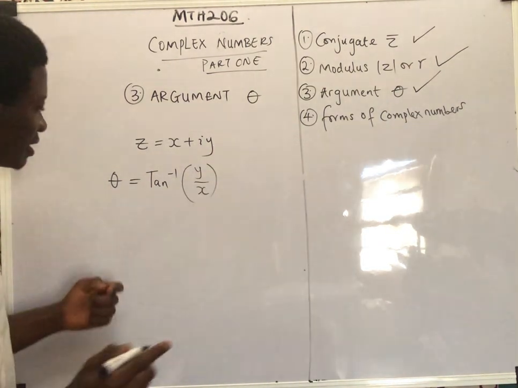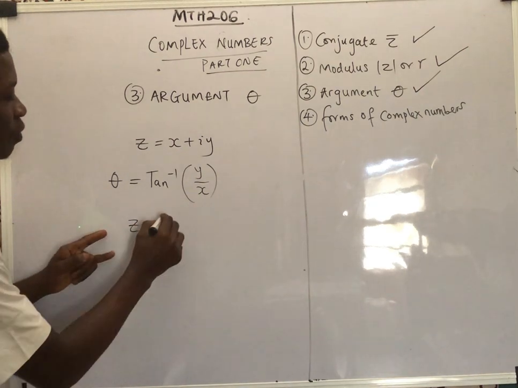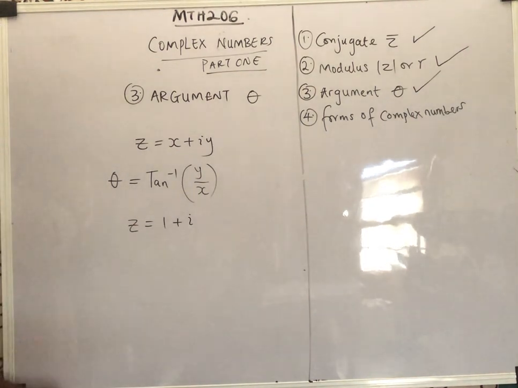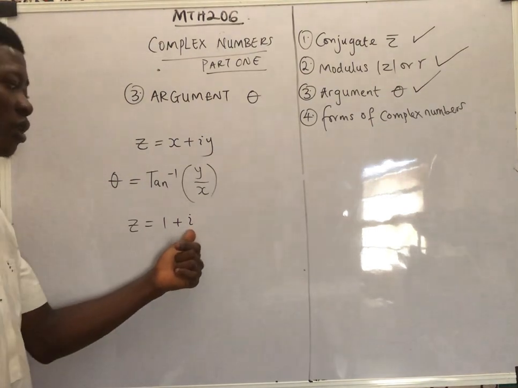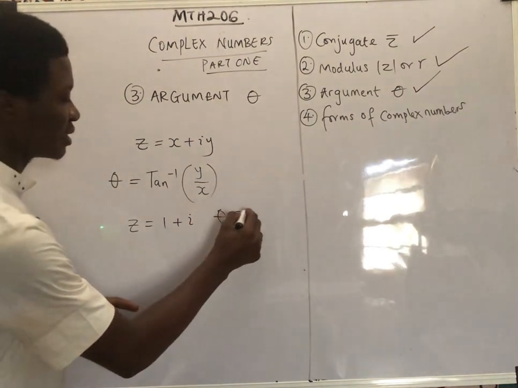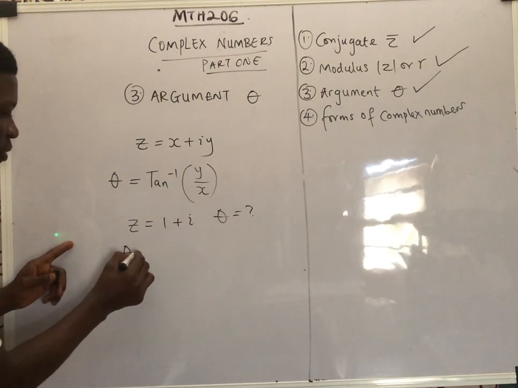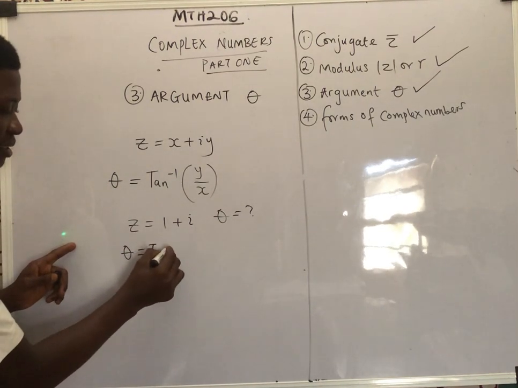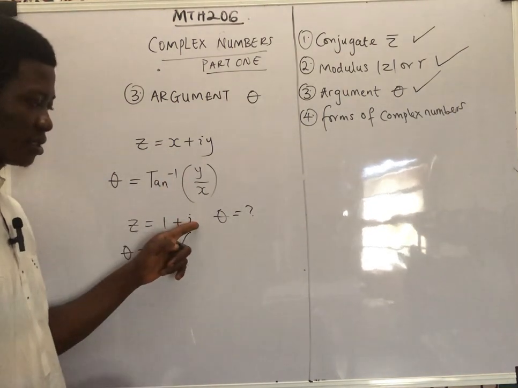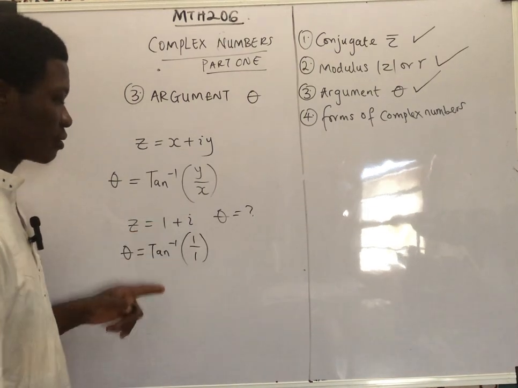So let's take an example. Let's say we have a complex number of 1 plus i, right? This is actually 1i. And we are asked to find the argument. So we say, okay, the argument is going to be the tan inverse of, remember we are going with this first, so that's 1 divided by 1, right?